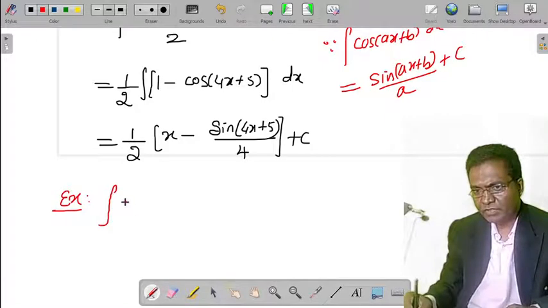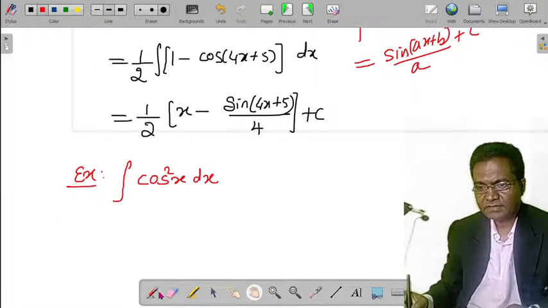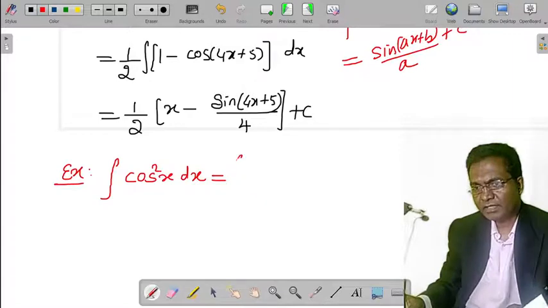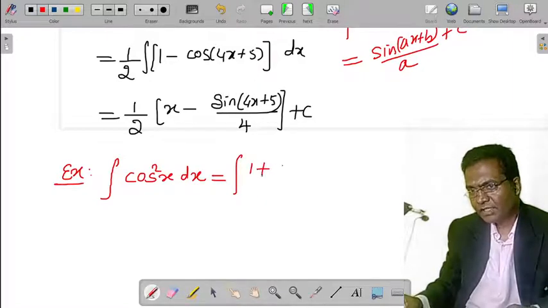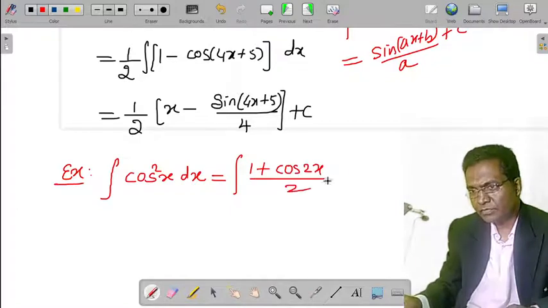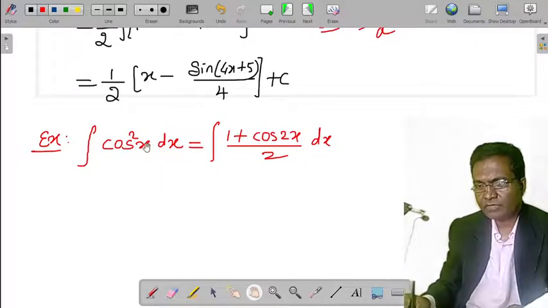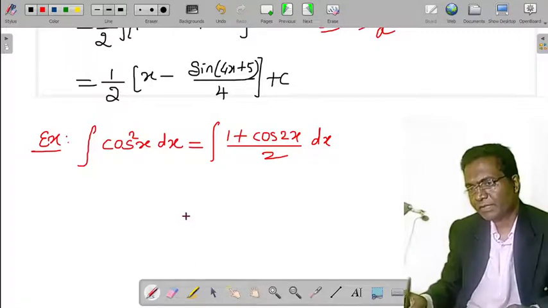Suppose you come across integration of cos square x dx. Cos square x can be written as 1 plus cos 2x by 2.